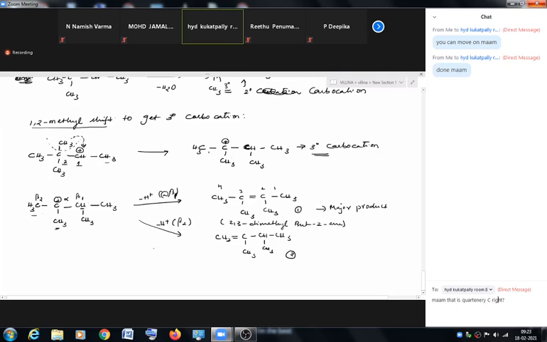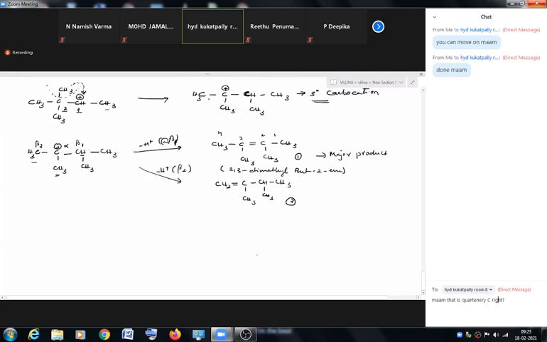Why is this an exception? By just looking at the molecule, what is our initial molecule? CH3, CH3, CH3, CH, CH2OH. So we would be thinking of removing this part to end up with a certain alkene. But here this is a tertiary carbocation, right? CH2. So we expect the product to be something like this: CH3, CH3, CH double bond CH2, which is nowhere in the formed products.